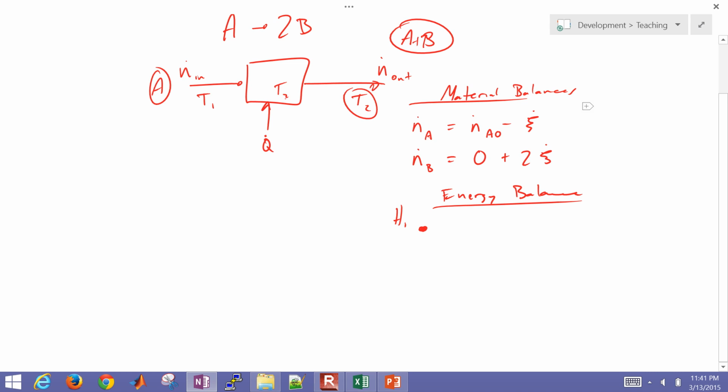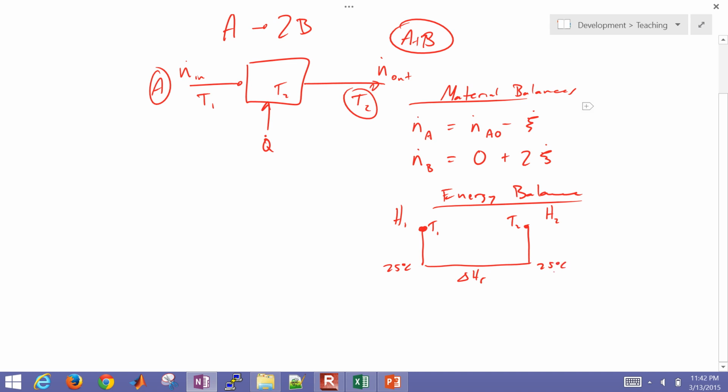Now let's say the temperature is not 25 degrees. We want to get to a change from H1 to H2, and so first of all we have to go down to 25 degrees Celsius, and then we'll be able to use the delta H of reaction, and then we'll have to go back up to the final temperature. So this will be temperature 1, this will be temperature 2, and this will be 25 degrees Celsius.